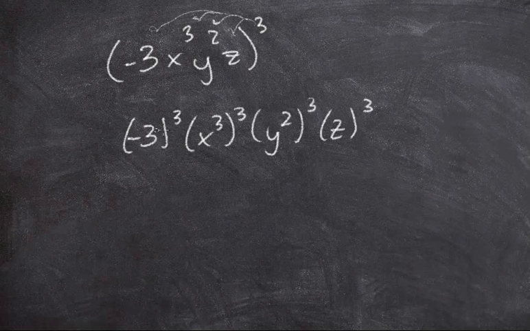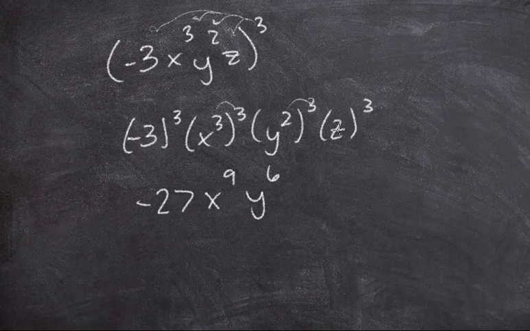And now we can simplify this. So this negative 3 to the power of 3, that's going to be equal to minus 27. X to the power of 3 to the power of 3. We're going to multiply these powers. That's going to be x to the 9th. Multiply these powers. Y to the 6th.